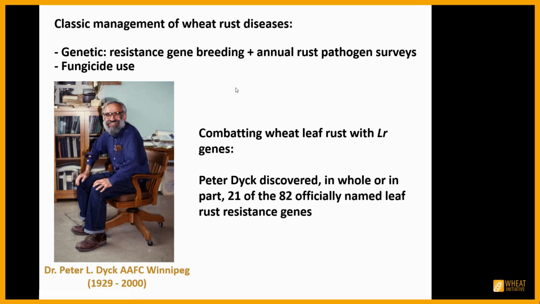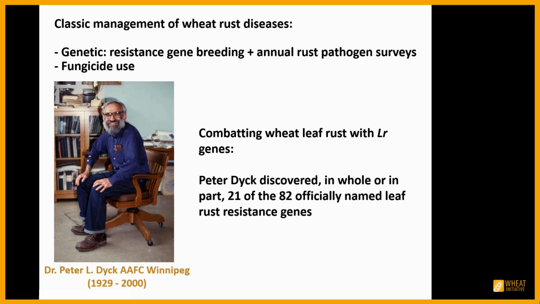As I said, it's quite well controlled in North America and some other places because we have good genetic resistance built in, and of course a lot of fungicide is used, mainly to control Fusarium head blight, which then also controls the rust.